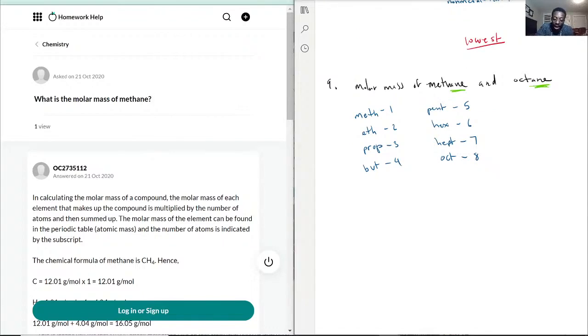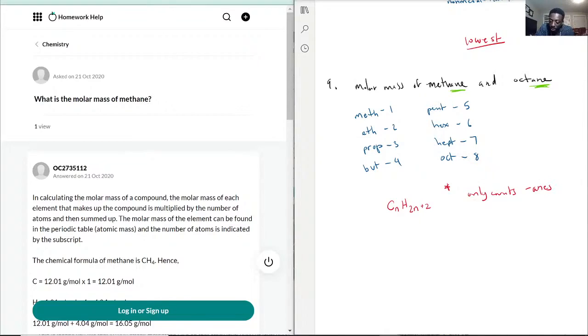So methane, meth is 1, okay? But let's stop there real quick as I mentioned the formula. So for C_n, whatever amount of C there is, there's going to be 2n plus 2 H. But this only counts for things like the anes.